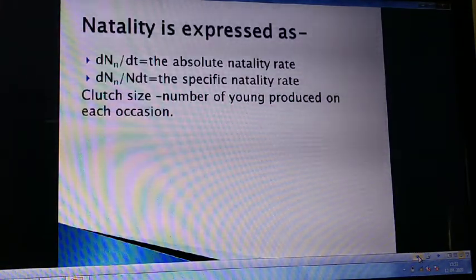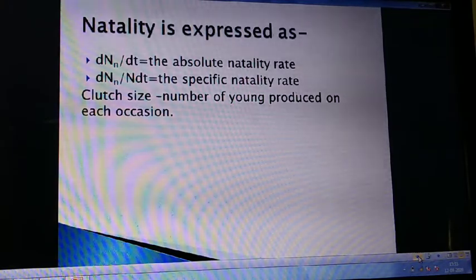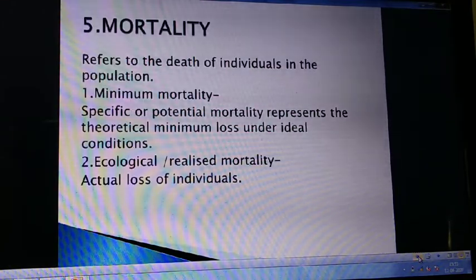Natality is expressed as dN/dt, that is absolute natality rate, and the specific, as I have discussed earlier, it is per unit number of individuals at a time. Now, clutch size, the number of young produced on a single occasion by a female.